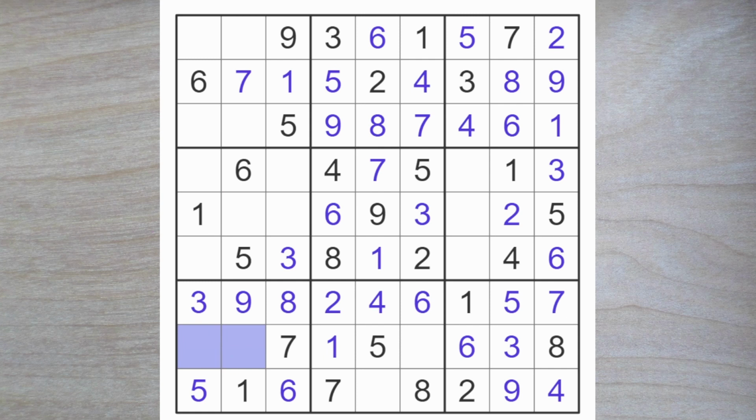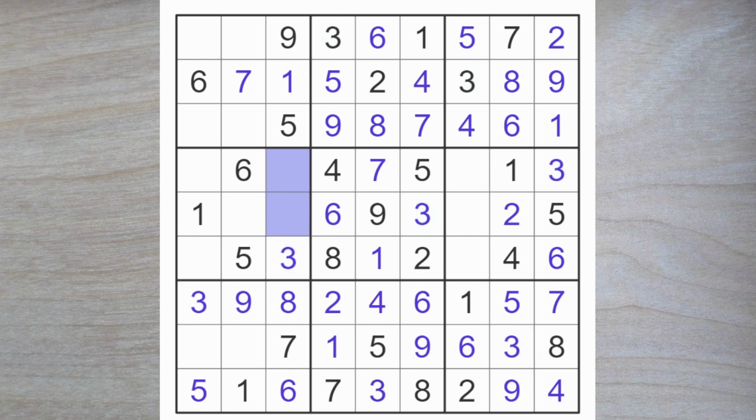So back to these squares, they must be a 4 and a 2. Therefore, this square has got to be a 9. And this must be a 3. We are getting there now, very slowly, but we are getting there.